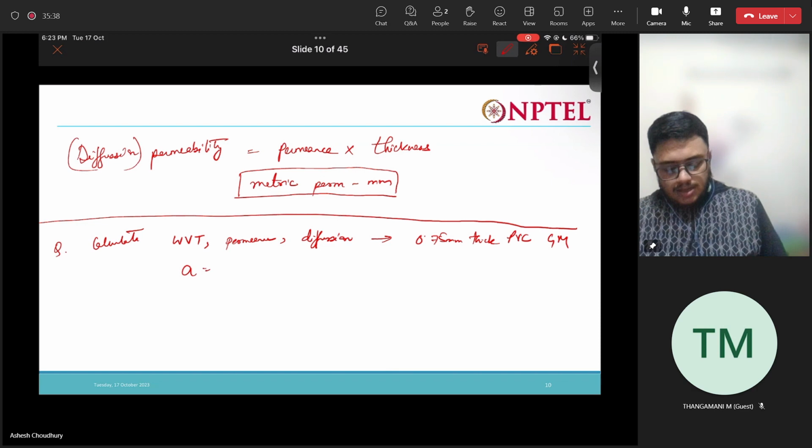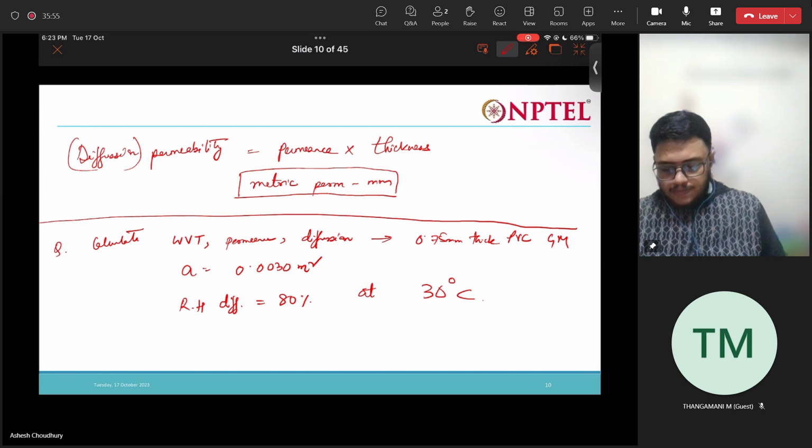Area is 0.0030 meter square. Relative humidity difference is 80% at 30 degrees Celsius.